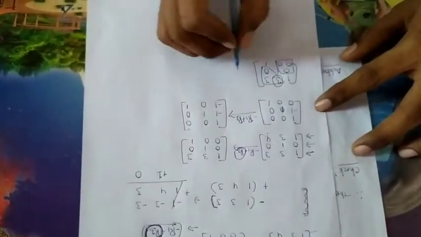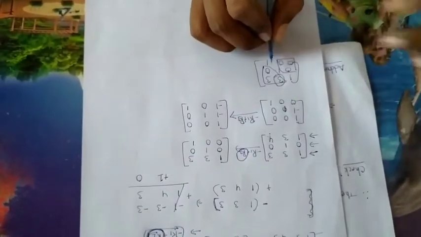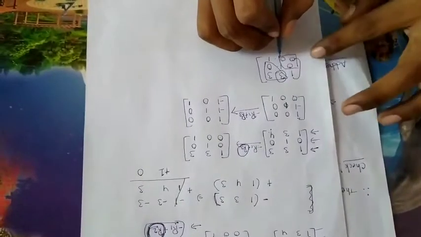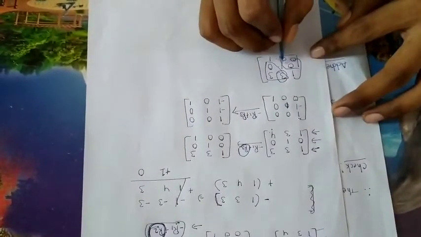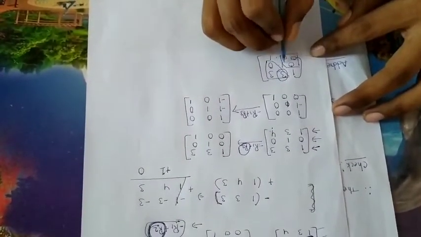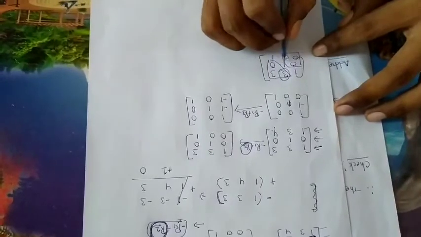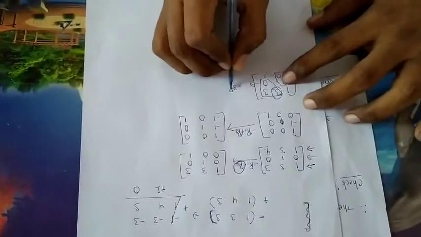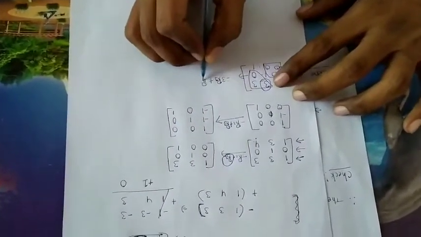So I need to multiply the second row or the third row with the number 3. But in the third row, the second column has no value, so I take the second row. That's why I perform the operation minus 3r2 plus r1.